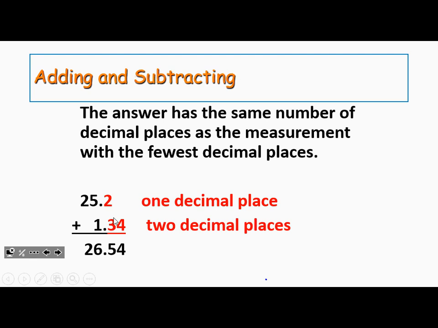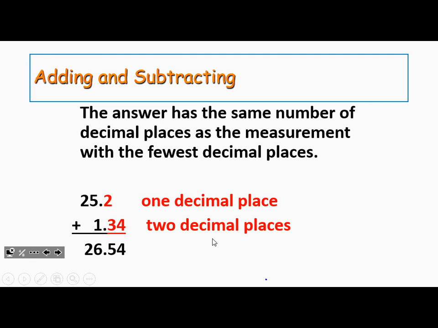I have decimal places here. 25.2, that is to the 10th place, 1 place after the decimal. Here is 1.34, that is 2 places after the decimal. Which one of those is the larger number? 1 place past or 2 places? Obviously, the 10th place is the larger number.